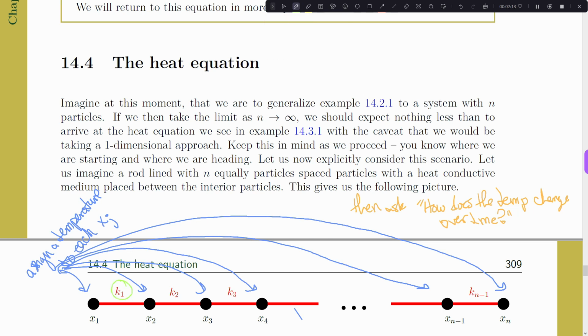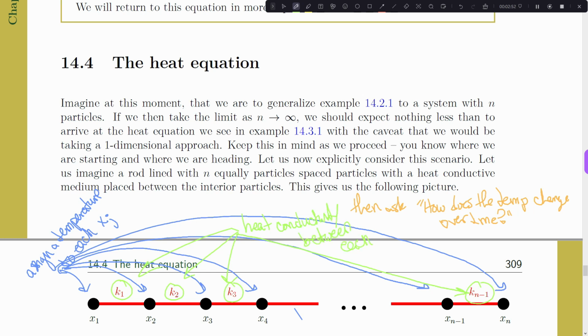To know how these change over time, I've given these k's. The k's are heat conductivity relations. In some sense, you can think about each of the x's as buckets of water, and each k is a metal rod connecting the buckets. Each of the metal rods has a different alloy or composition, so they conduct heat differently. This is heat conductivity between each node.